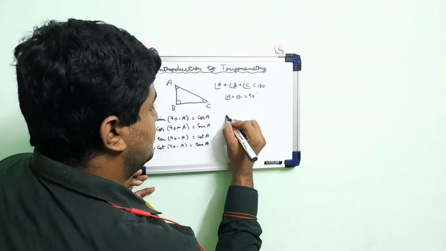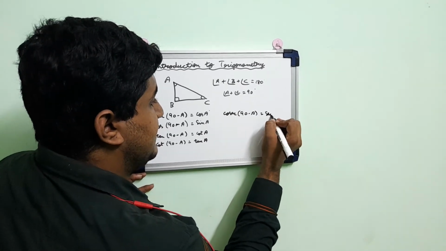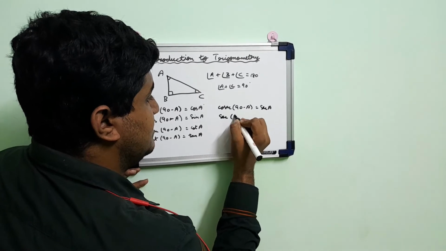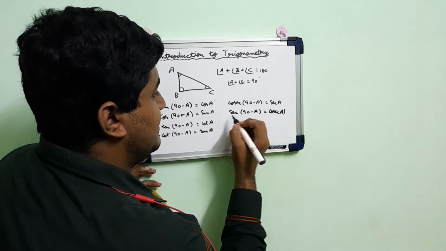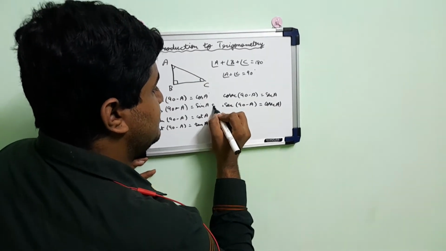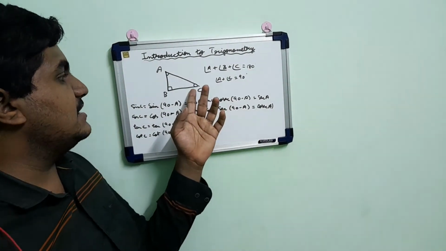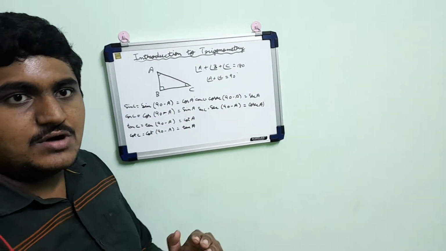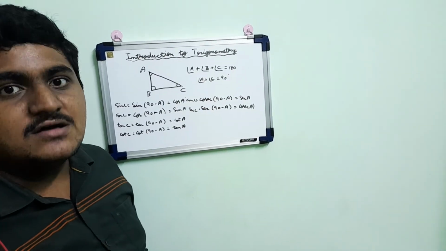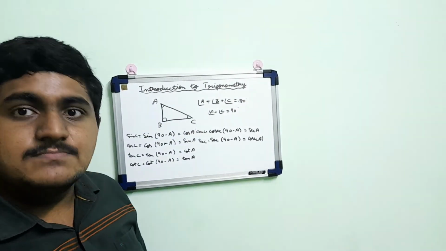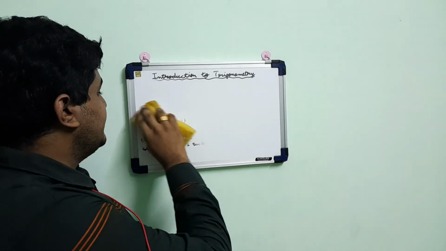That is, cosecant of 90 minus A is equal to secant A, and similarly secant of 90 minus A is equal to cosecant A. So this can also be written as secant C and cosecant C. So if we know only angle A, we can find the value for angle C also, or if we don't know angle C, we can follow these methods to find the values of various trigonometric ratios.